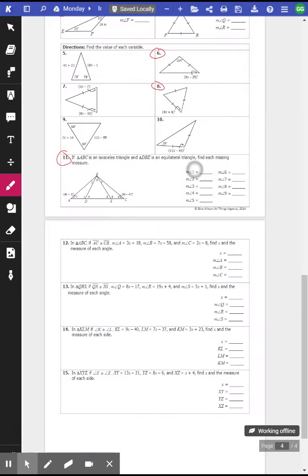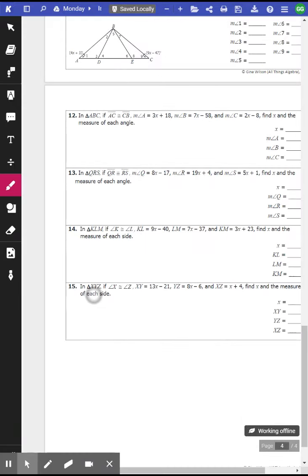Ooh. 14. That is it for you. All right, hopefully you understood, and I will go over this tomorrow.